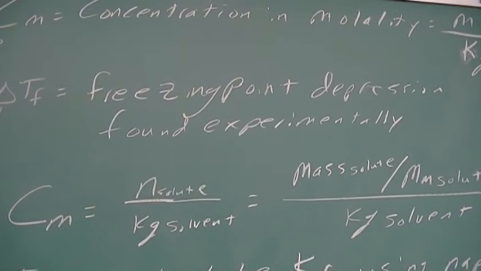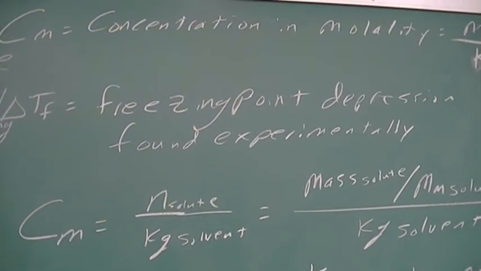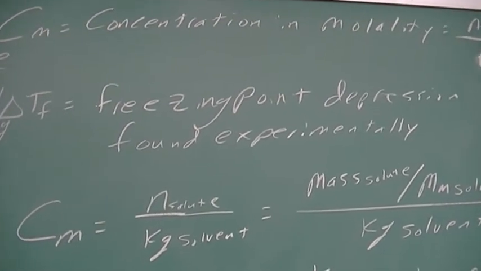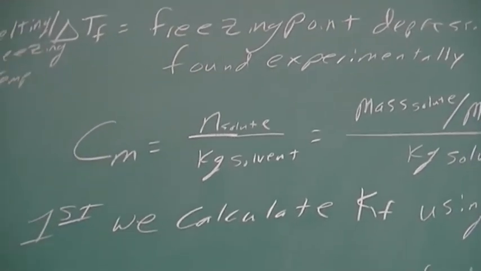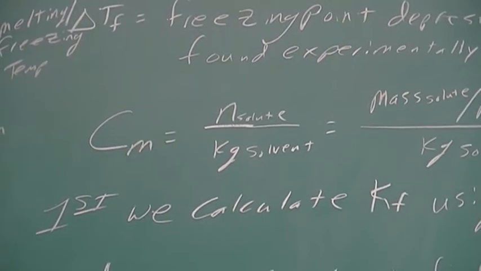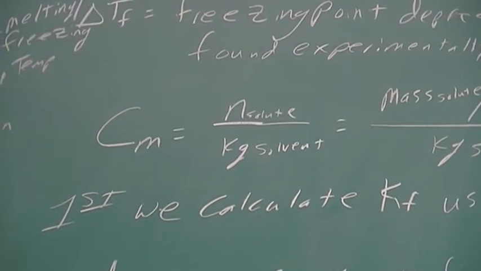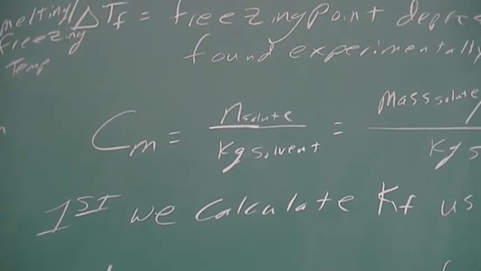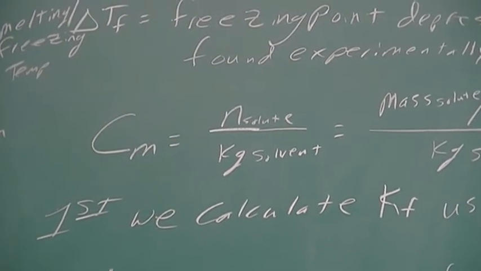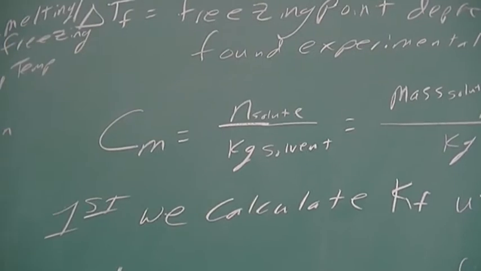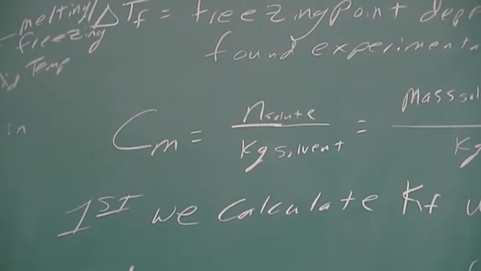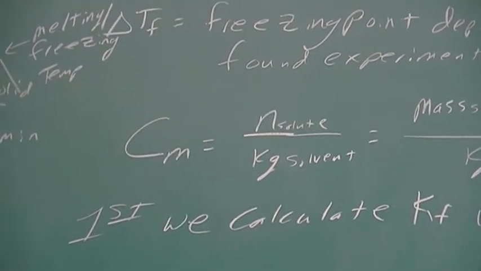We're going to do this experiment twice, with 2 different reagents. Note that in your C sub m, that is moles of solute, symbolized n solute, over kilograms of solvent. So that is the formula for your concentration in molality.